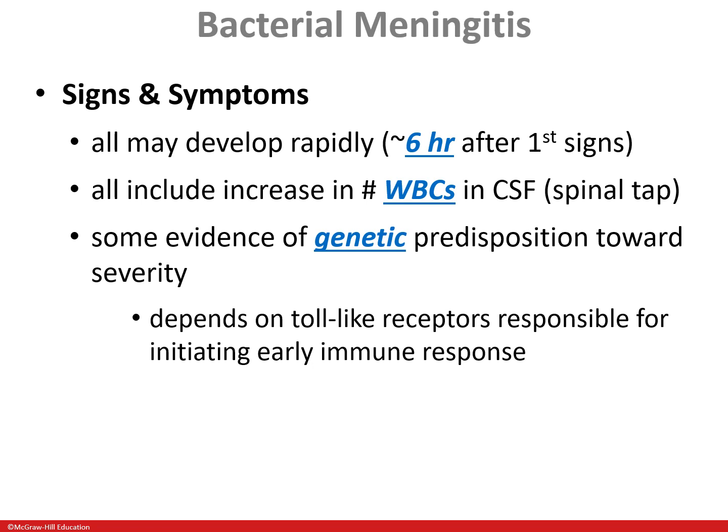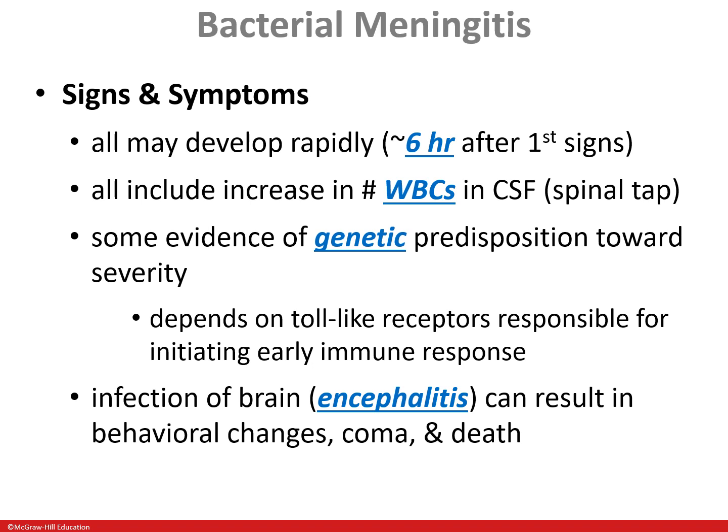We do see that there's a genetic predisposition. There's something called a toll-like receptor on your immune system cells that basically determines how aggressive the immune response is going to be. That's why not everybody gets the same type of symptoms associated with whichever bacteria they're exposed to.